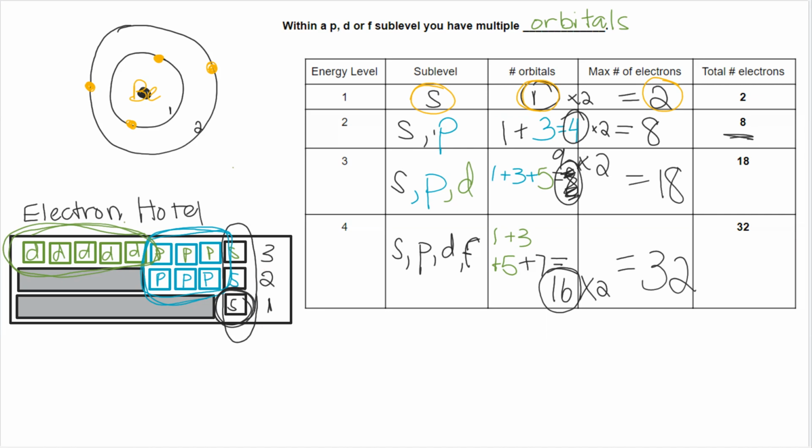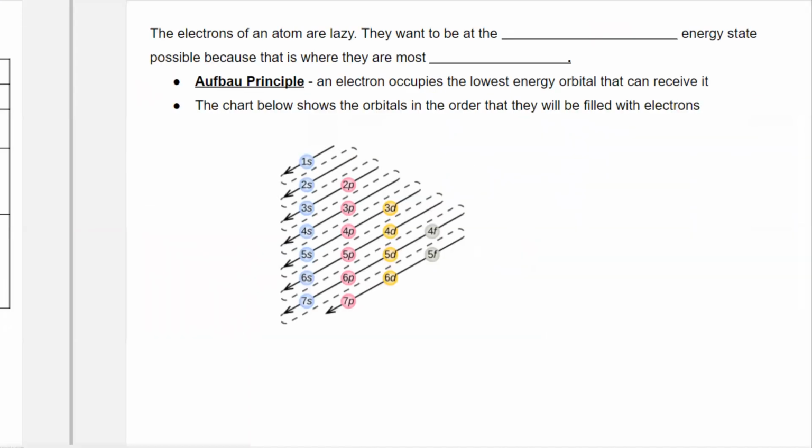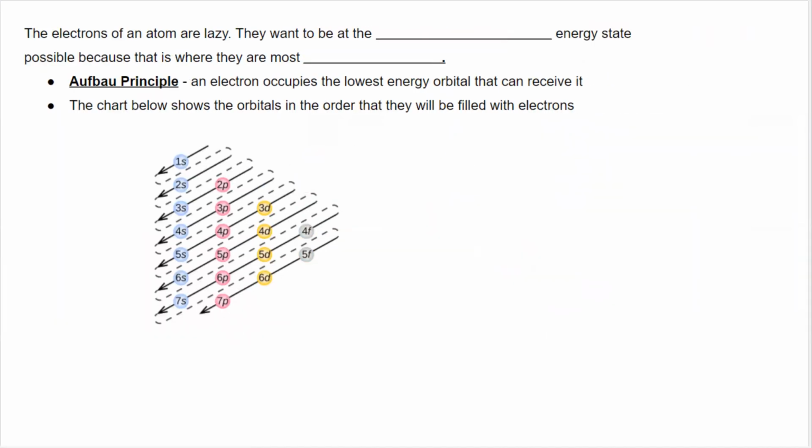They want to use the lowest barrier to entry. So they're going to go into the lowest energy state possible, because that's where they are the most stable.